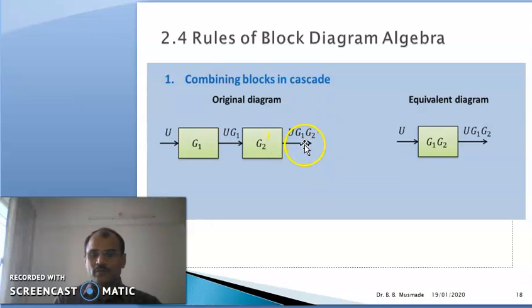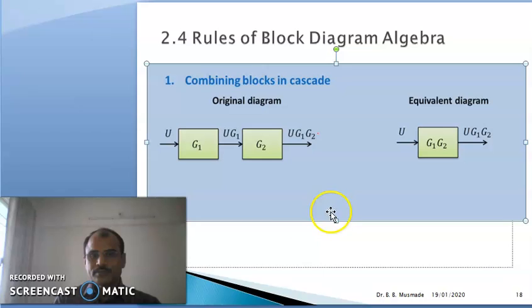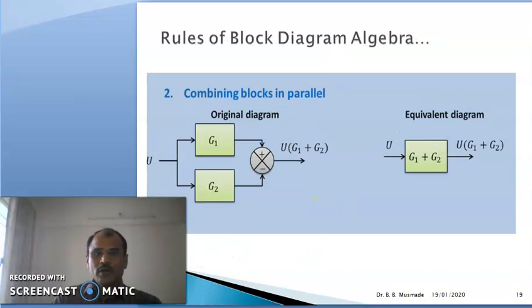The final outcome of information is u into G1 into G2. So if the blocks are in cascade, then we can multiply the blocks. The equivalent diagram will look like this. Our concern is that the output should remain as it is.